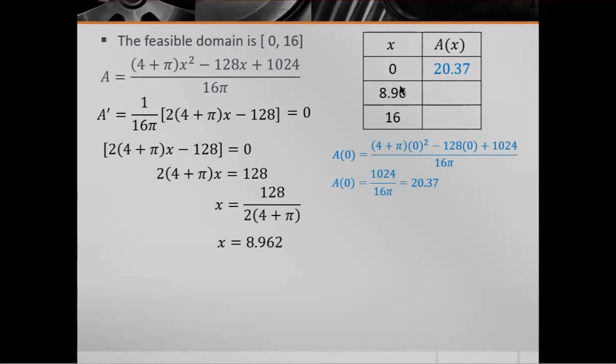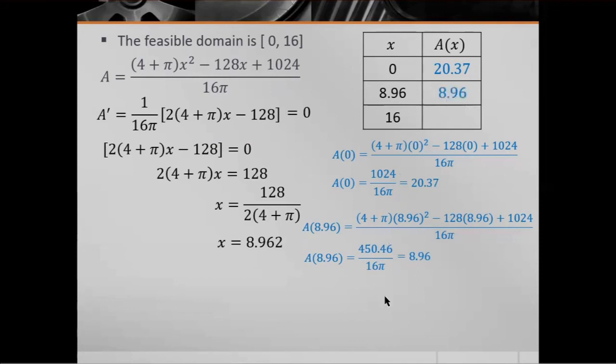Next, yung 8.96. So, A of 8.96, palitan natin yung 8.96 square tsaka yung 8.96. So, numerator muna. Kinompute natin yung numerator, magiging 450.46 over 16π. Approximately, meron din tayong same answer din, 8.96. So, 8.96 doon.